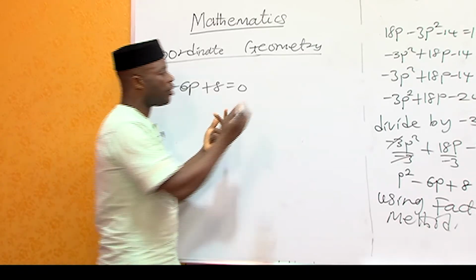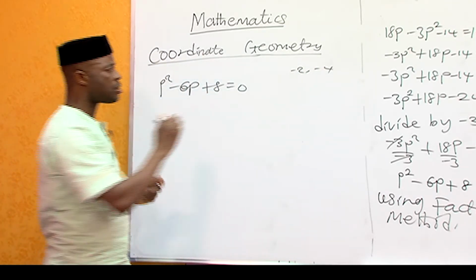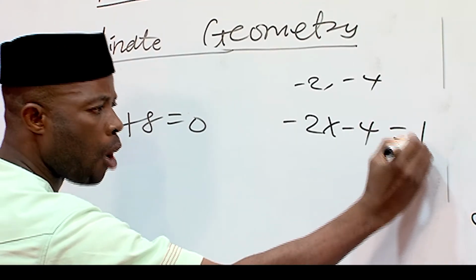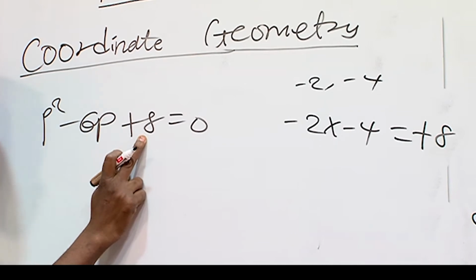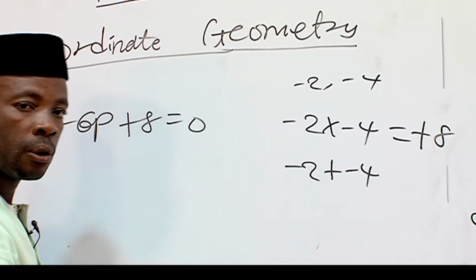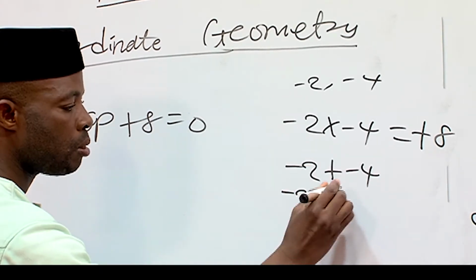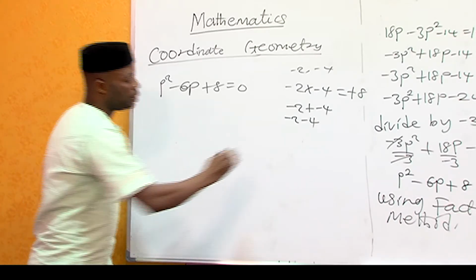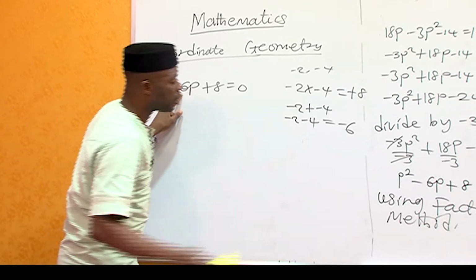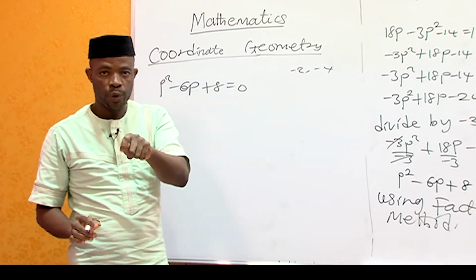So I'm thinking of the numbers minus 2 and minus 4, because minus 2 times minus 4 will give us plus 8, and minus 2 plus minus 4 gives us minus 6. So the two factors I have are minus 2 and minus 4.